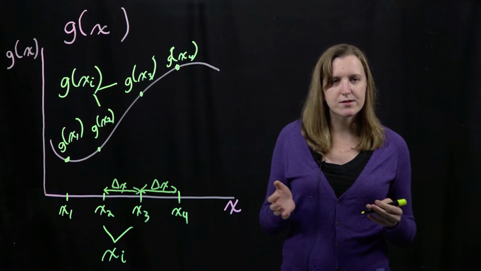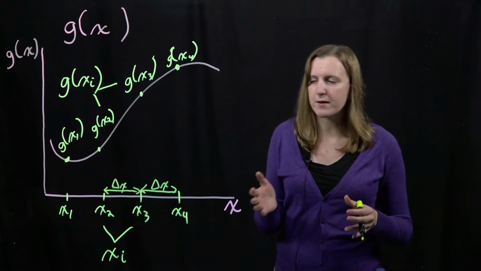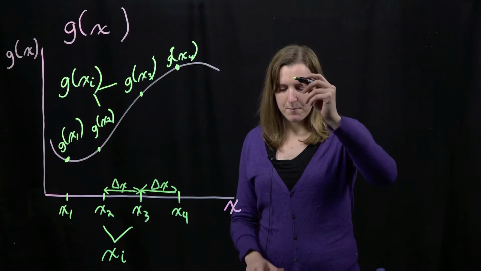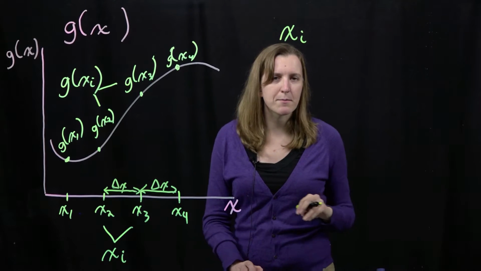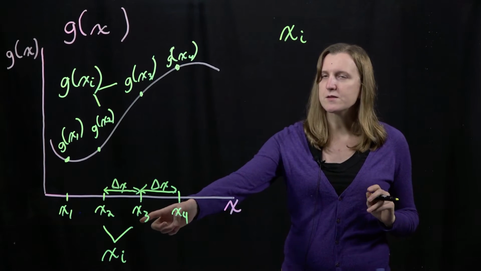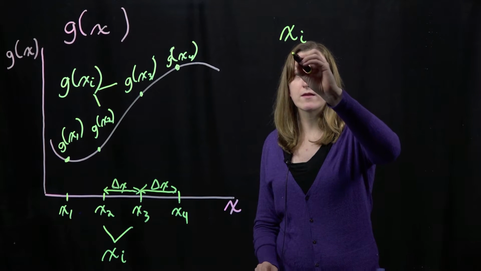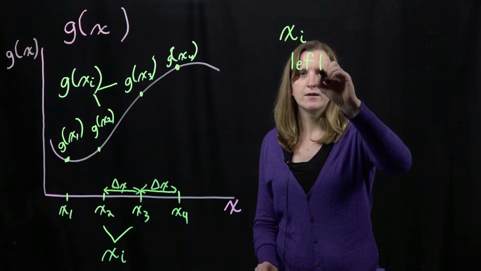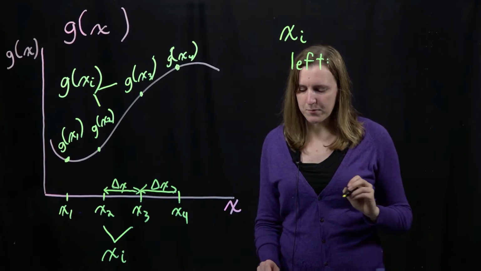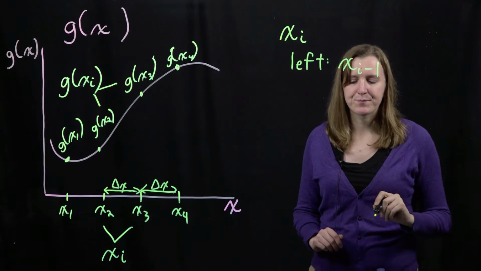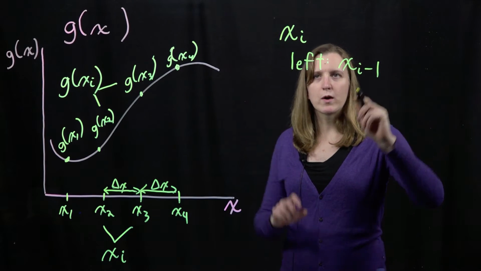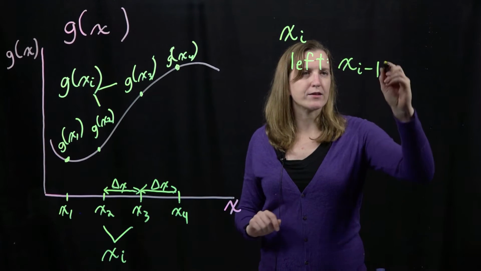What this allows us to do is refer to specific points, not needing a curve, but referring to them as some point x sub i. So for instance, for this point here, if we wanted to say, what's the point to the left? Then the point to the left is going to be x sub i minus 1, which is related to our original value.